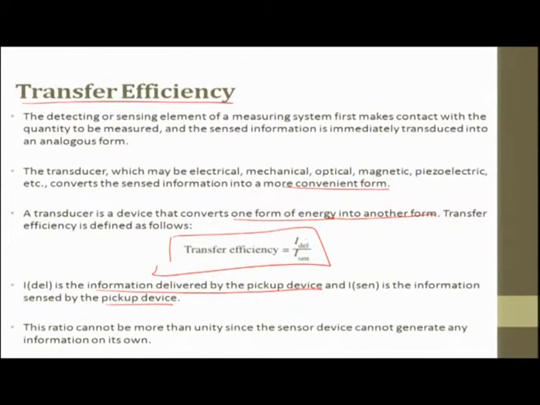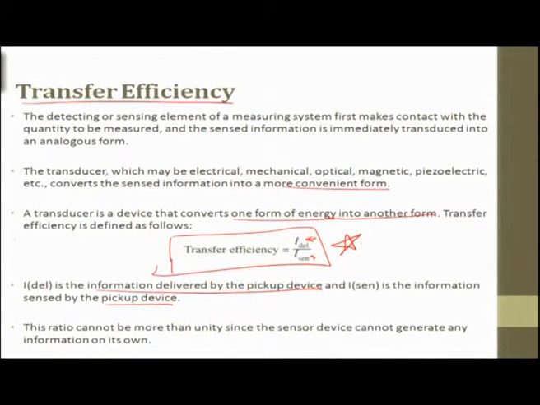The ratio cannot be more than 1 since the sensing device cannot generate any information of its own. Is it clear? So, I del by I sen is the transfer efficiency.